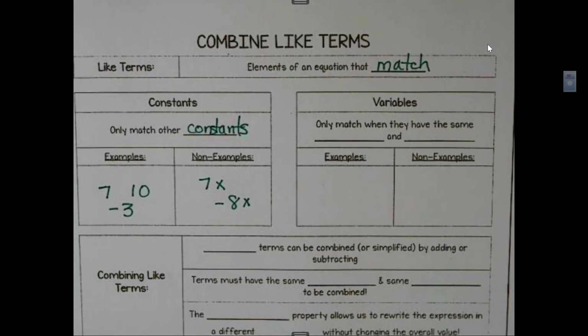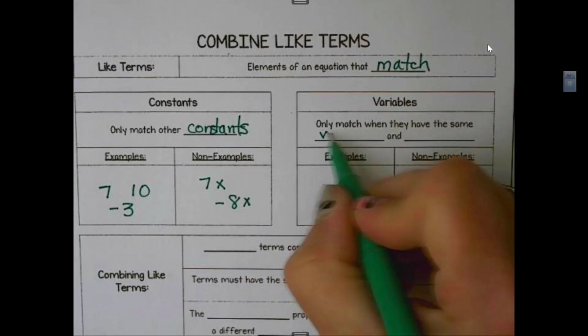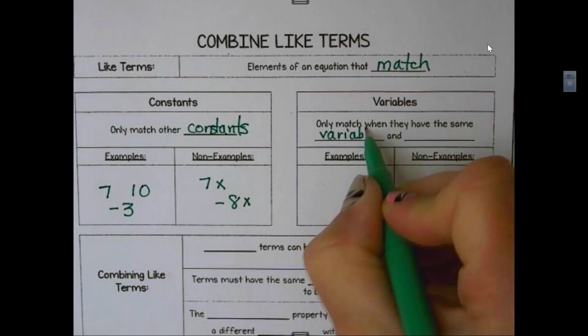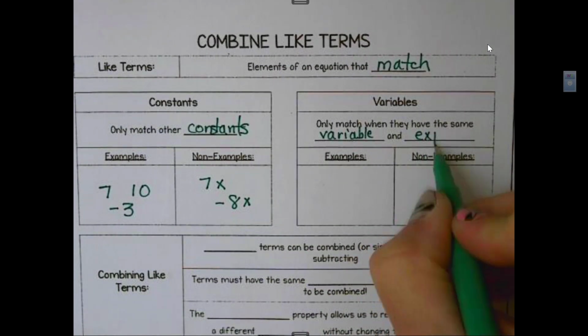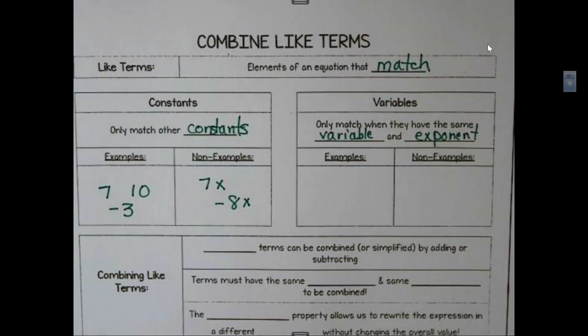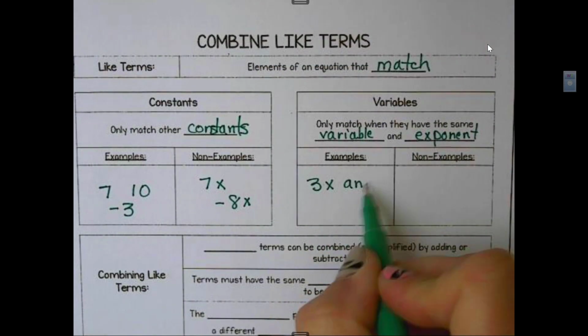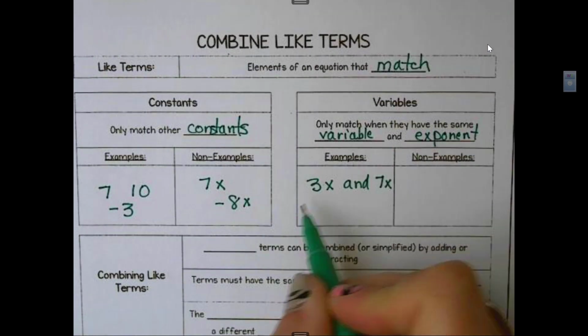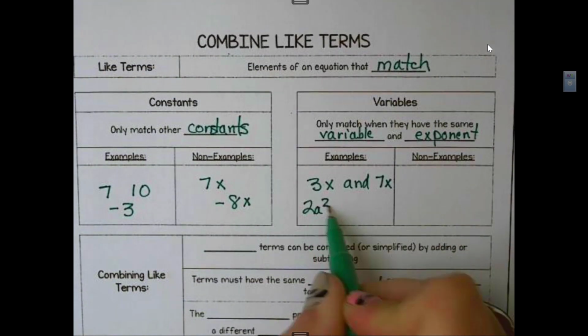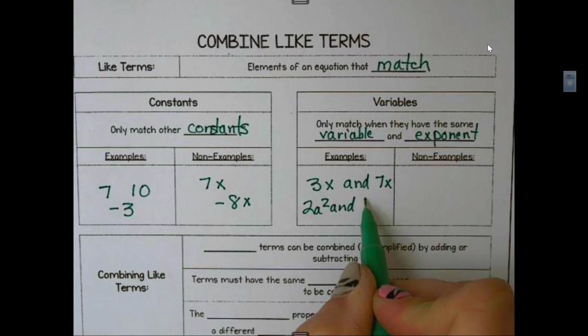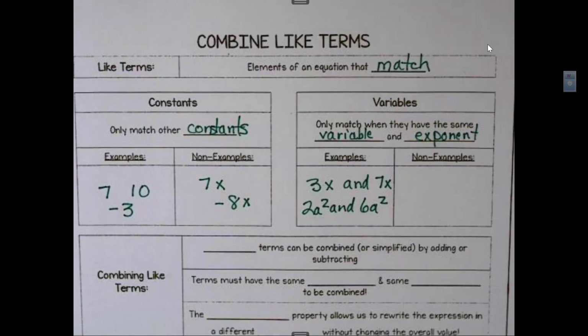Variables only match when they have the same variable and exponent. Some examples of variables that do match would be 3x and 7x, 2a squared and 6a squared.